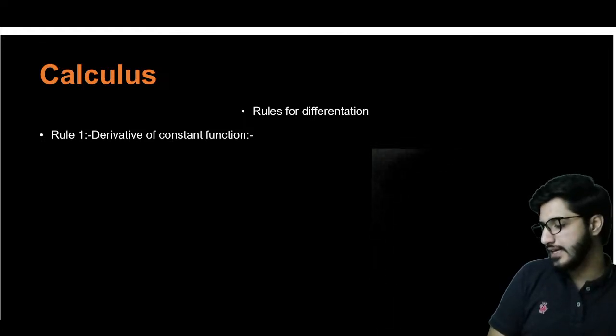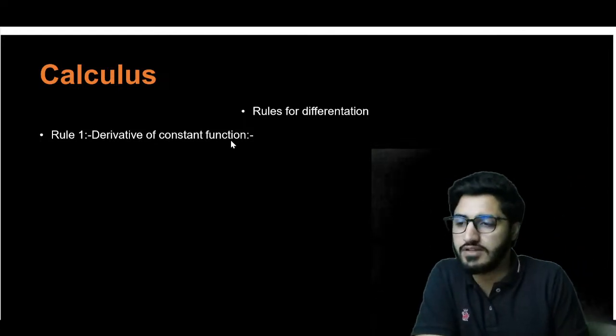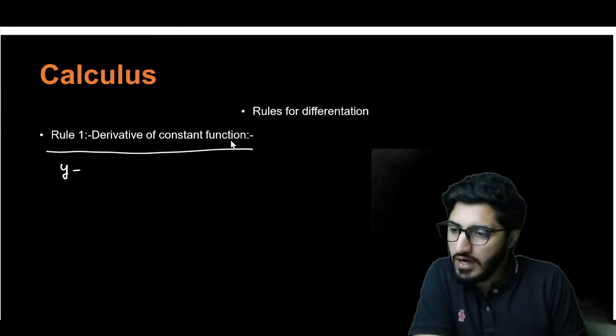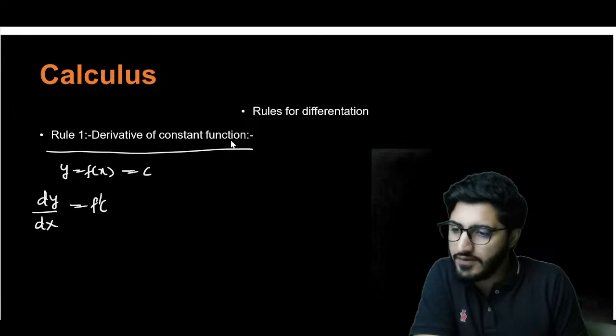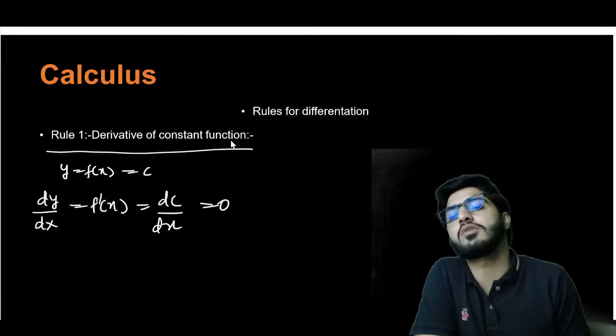So if my y equals f of x and it is some constant c, and we differentiate it, dy by dx, or f dash of x, is dc by dx and you will get 0. Why? Because the differentiation of a constant is 0.